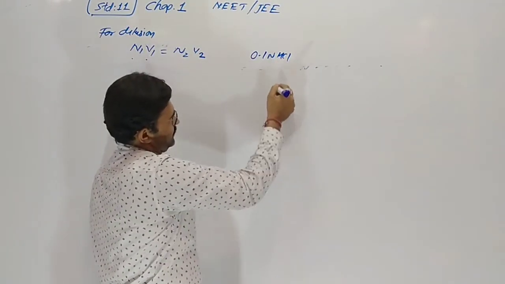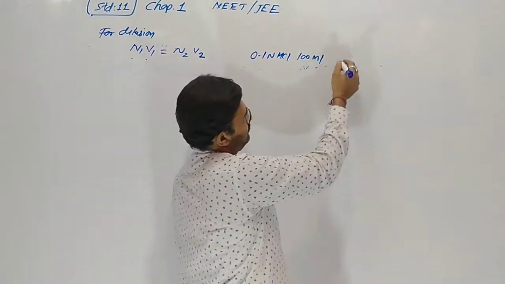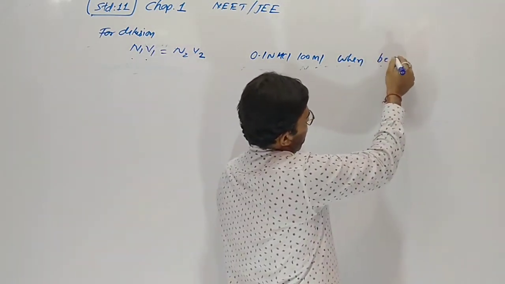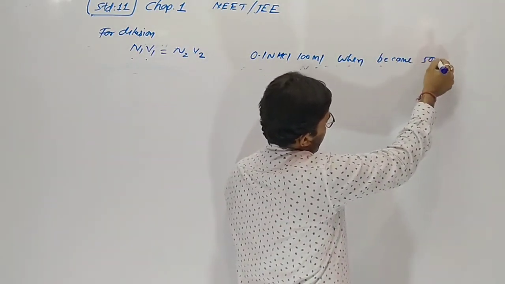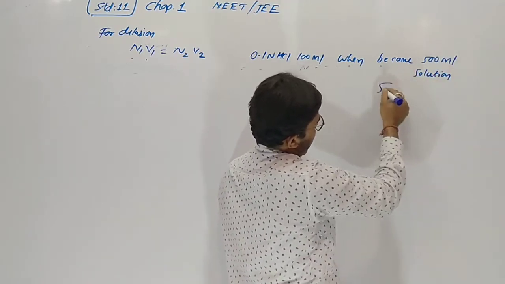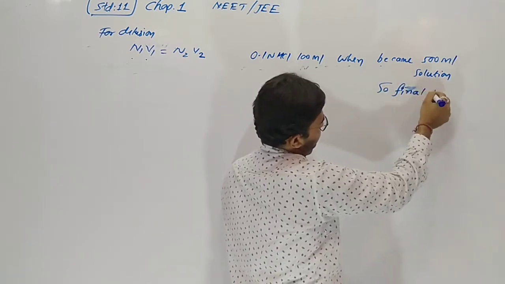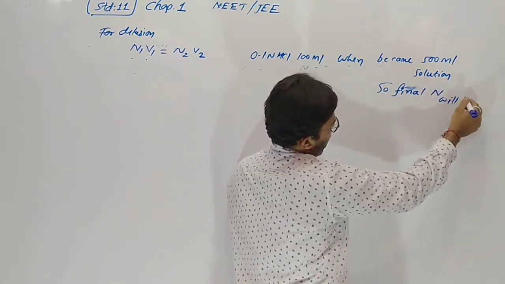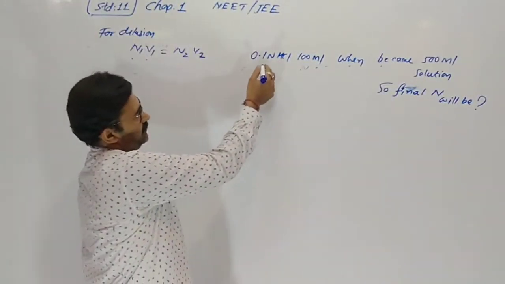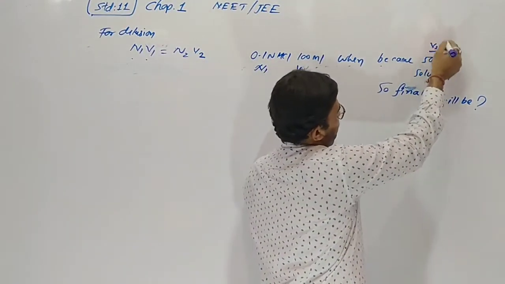0.1 normal HCl, 100 ml, became a 500 ml solution. So the final normality will be: initial normality N1, initial volume V1, final volume V2 is given.